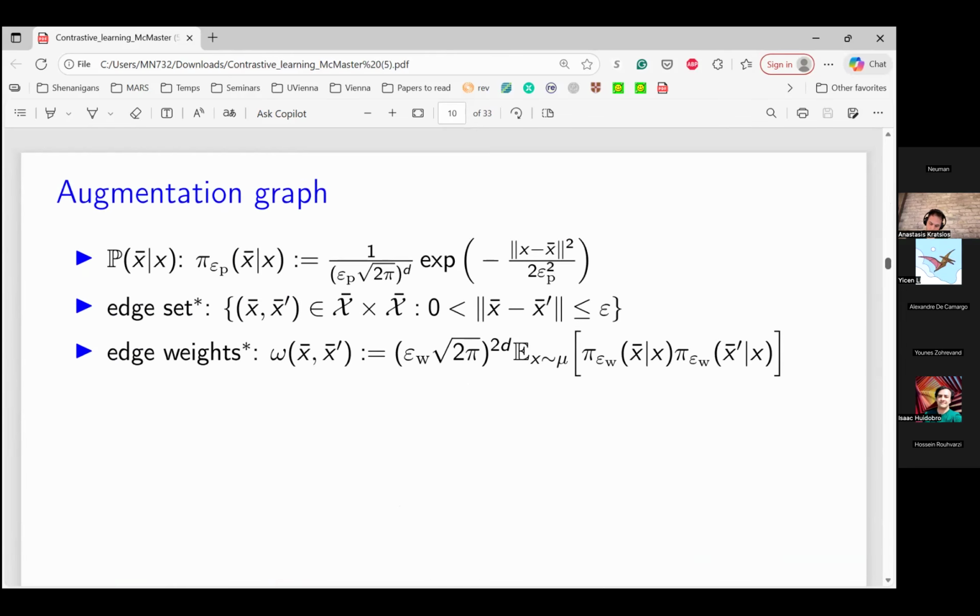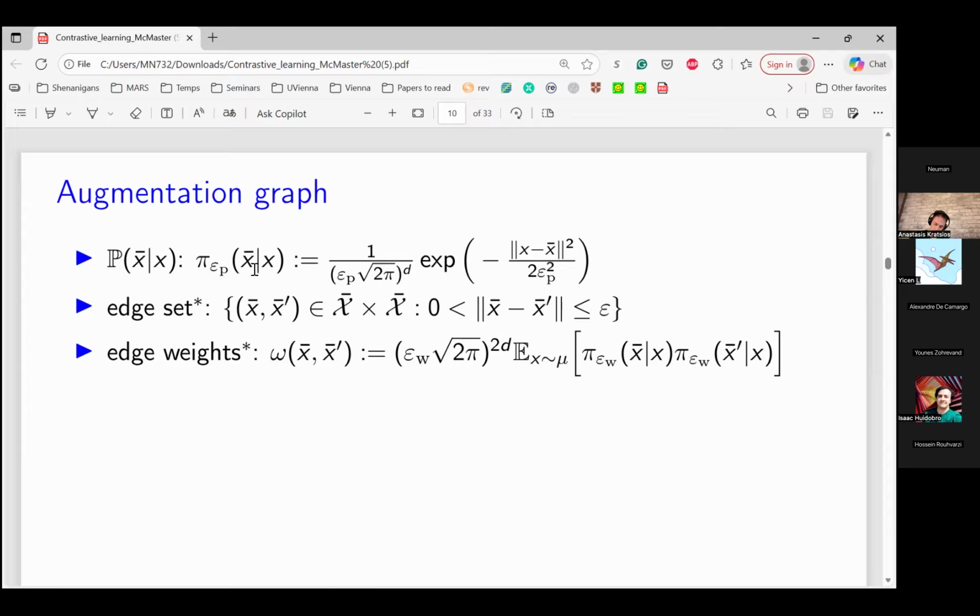Okay, so now we're going to discuss a little bit more about how to construct the augmentation graph. I have to prepare more in order to give you the form of the graph Laplacian. Here X bar is the augmented data point, and X without a bar is the original data point.